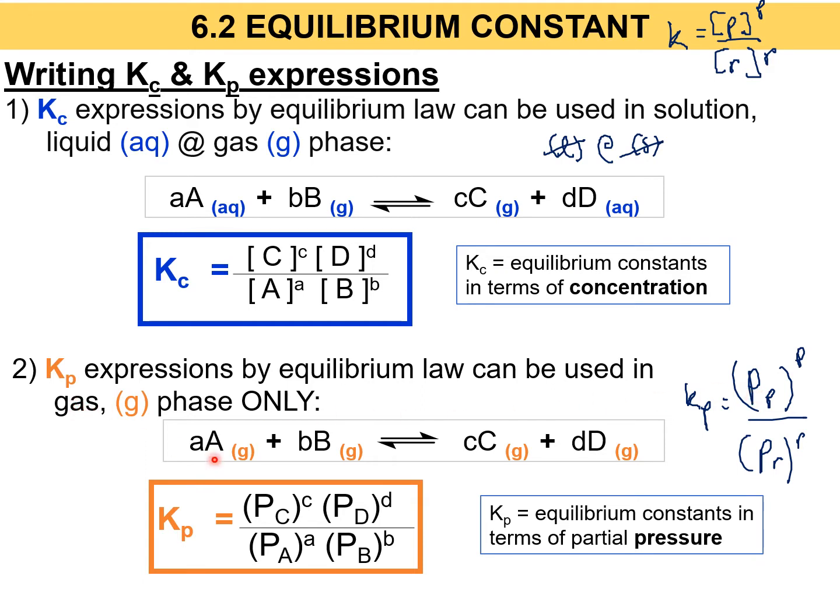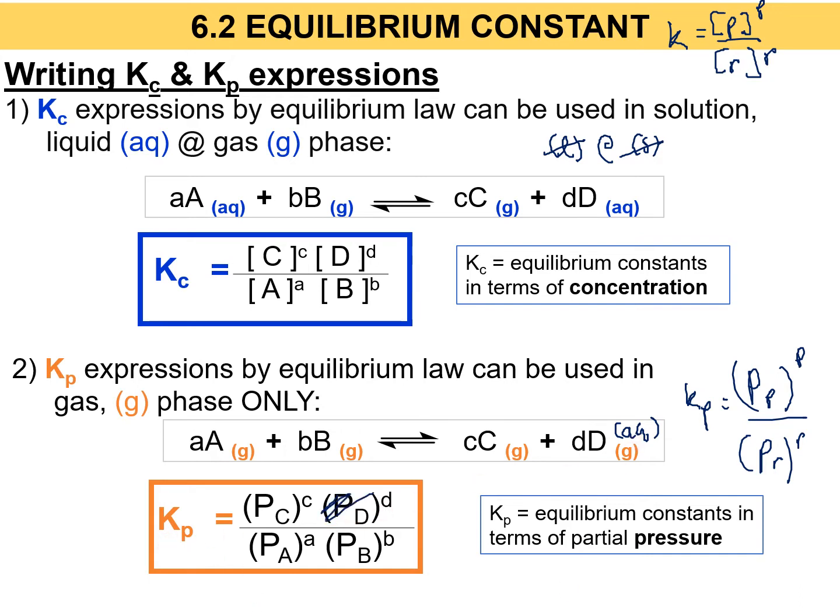Tapi kalau you nak cari Kp, you boleh expresskan Kp kalau tak kisahlah reactant ke produk ke hanya ada gas phase only. Okay, let's say you nak build Kp expression, for example, tiba-tiba produk dia yang D ni dalam aqueous phase. So, bila you nak build Kp expression, you jangan includekan yang aqueous phase ni.